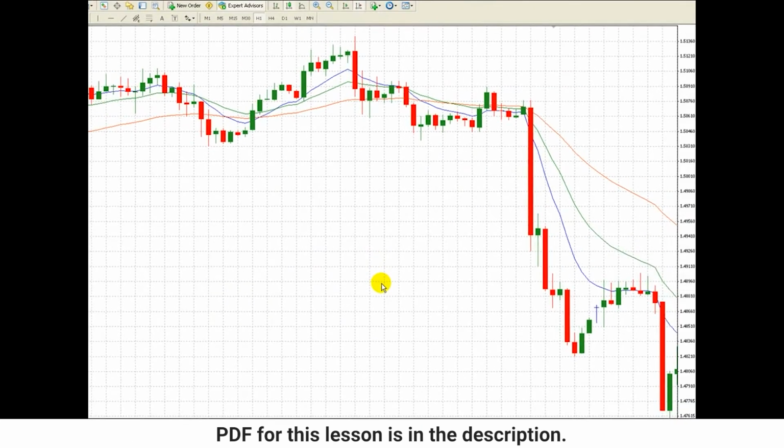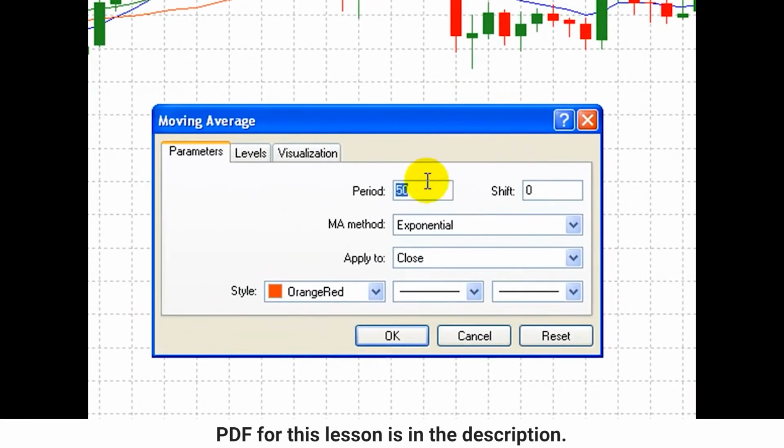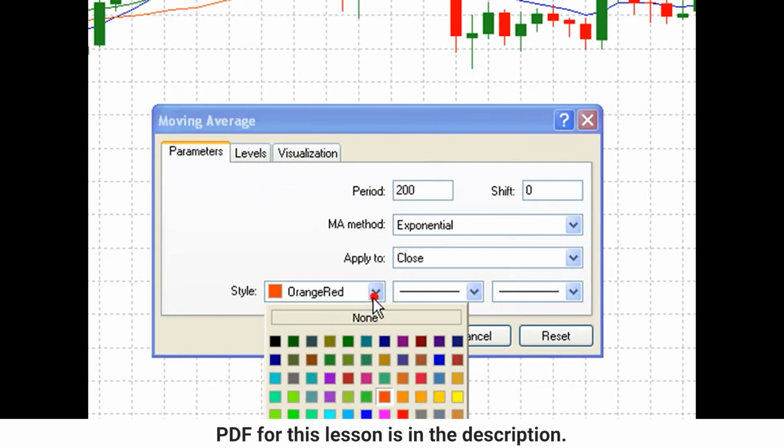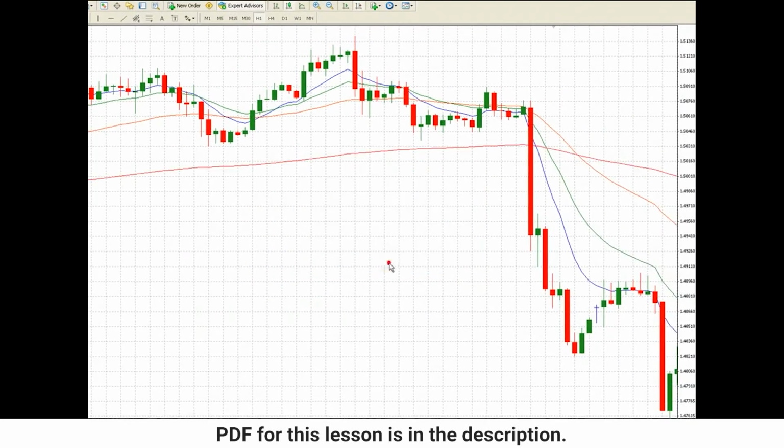That is the 50 period moving average. And now the last one: click on indicators, click on moving average, and the period is 200. The 200 period we normally have as red. Click OK. And there you have it. That's how simple it is.